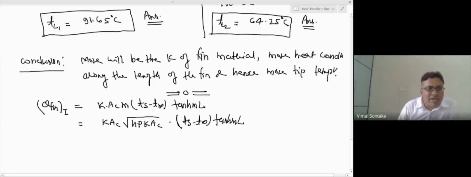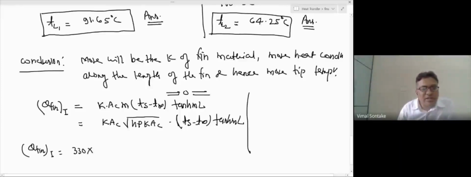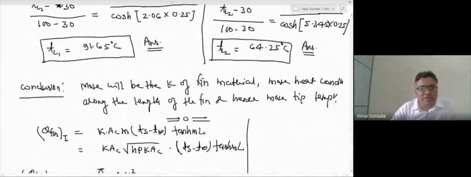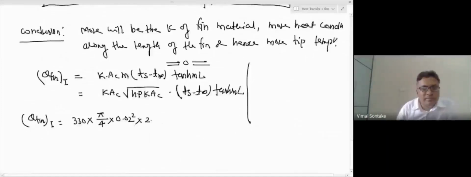Okay, so let us calculate for case 1 and case 2. Q fin for case 1 will be: K value is 330, cross sectional area is pi by 4 into 0.02 squared, M1 value for case 1 is, just now we have calculated, 2.06, Ts minus T infinity is 100 minus 30, and tanh of ml is nothing but tanh of 2.06 into 0.25.